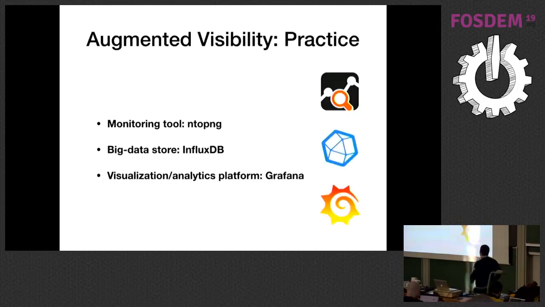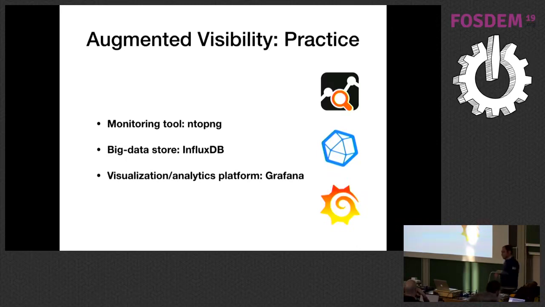So the solution we have proposed is composed of 3 open source software: nTopNG for the monitoring, InfluxDB for the store of data, and Grafana for the visualization. I'm not going to go into the details of InfluxDB or Grafana, I mean, we had Carl right before me.